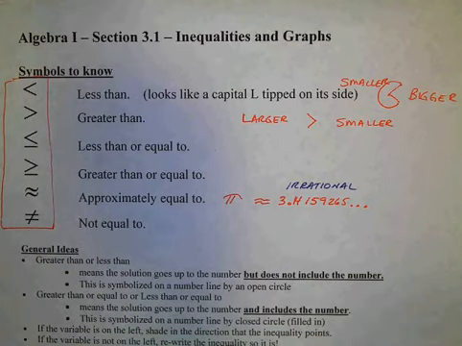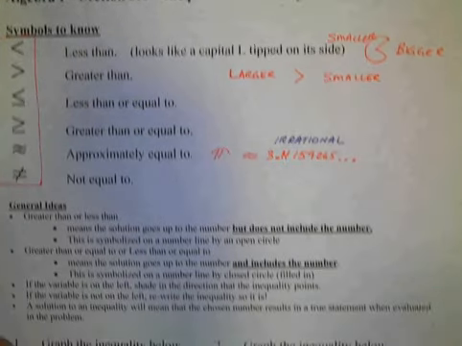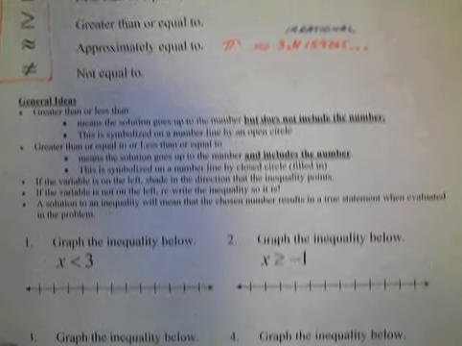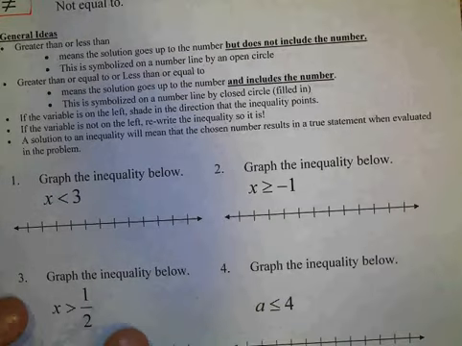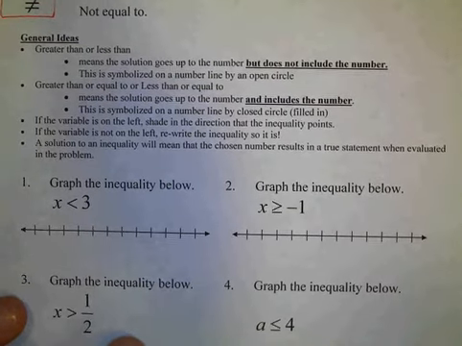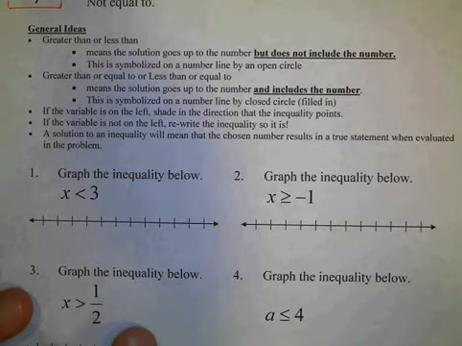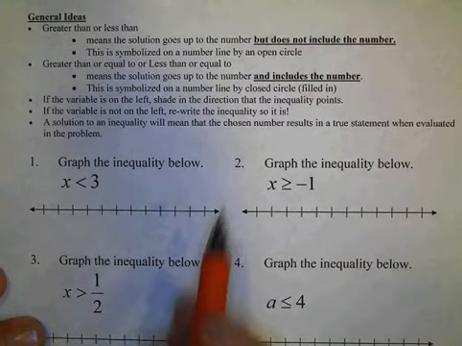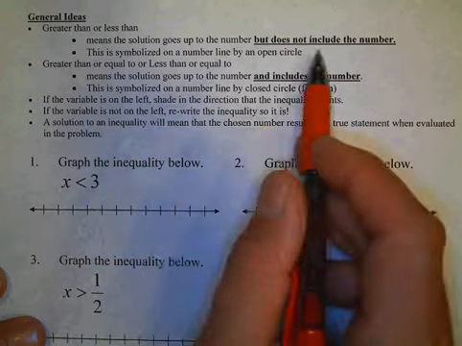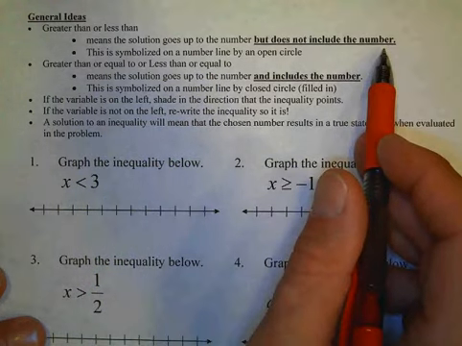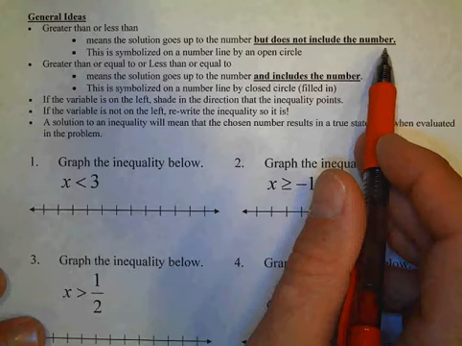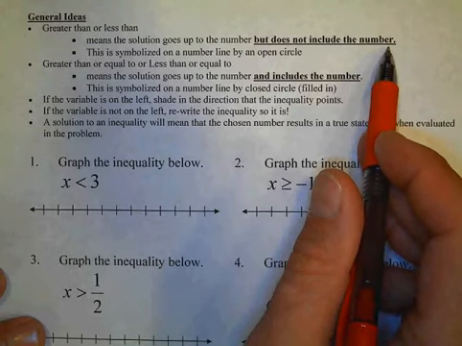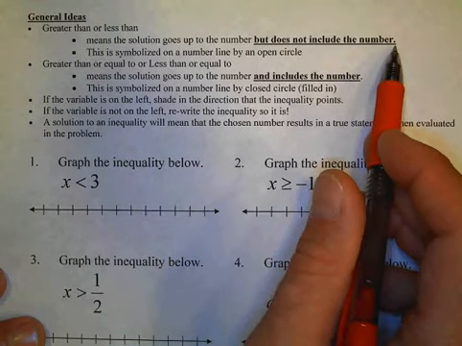So, when we are working with our problems, I have some general concepts here that I want to go through. Greater than or less than, when we graph a line or a line segment, that means it's going to go up to the number, but it doesn't include the number. So in other words, everyone who is under 42 inches can ride this ride. That means you can be up to 42 inches, but not 42 inches or above.